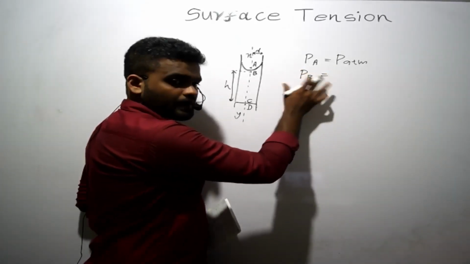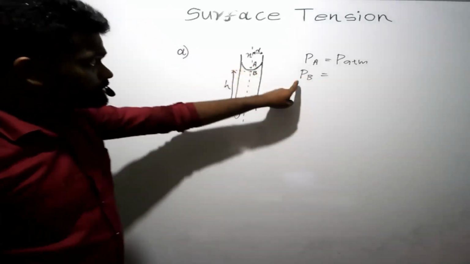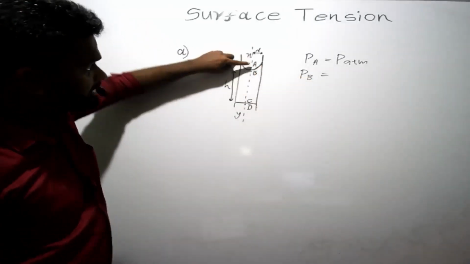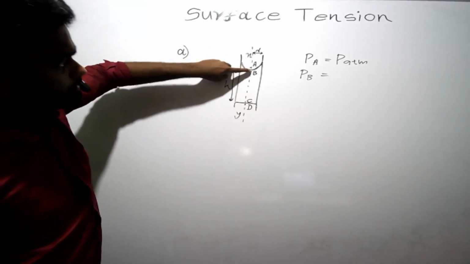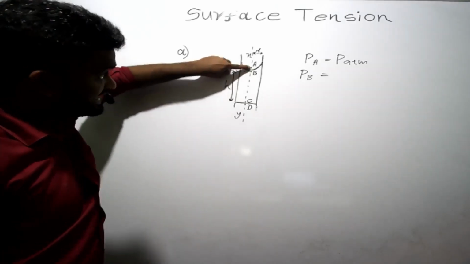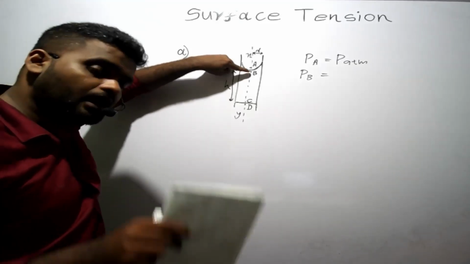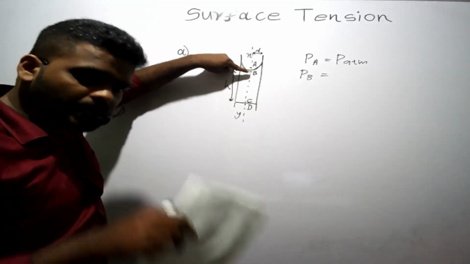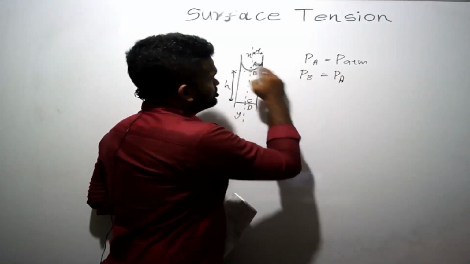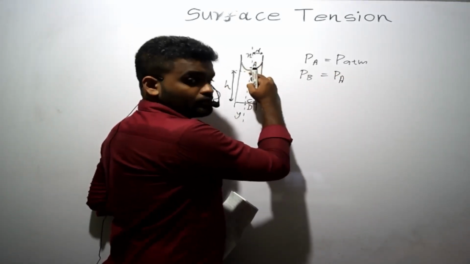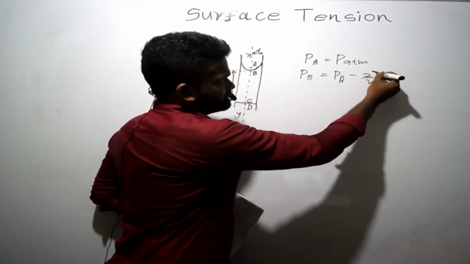You should be able to write pressure at any point; you need to practice that. Once you jump the meniscus, pressure is decreased because the curvature is inside, so the outside pressure is less, by 2T over R. So the pressure at B is equal to PA minus, not plus, 2T over R.